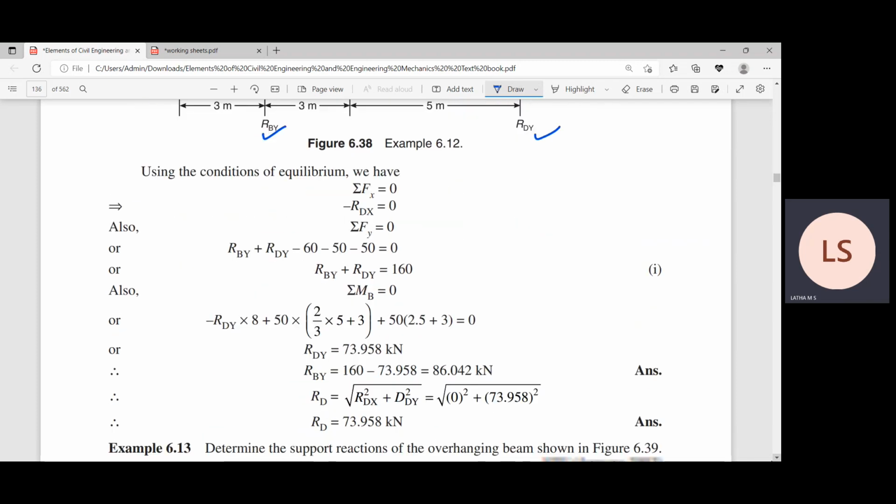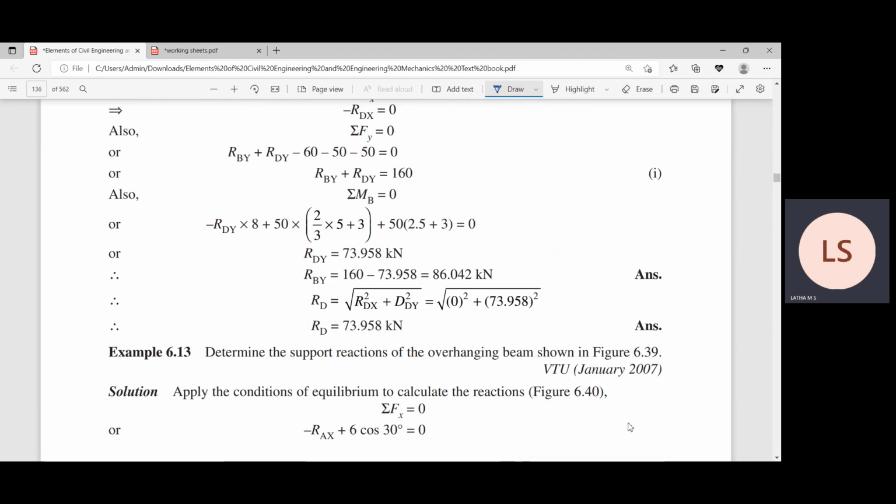Upon solving the equations of equilibrium and substituting the values, you get the reactions VD and VB, and the resultant reaction at point D, which I represent as RD.